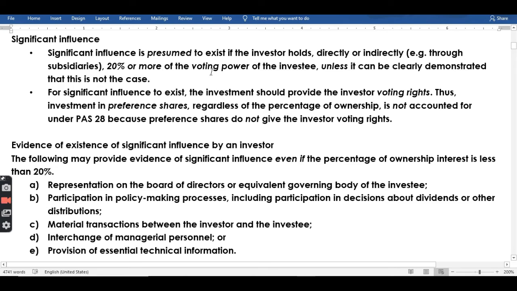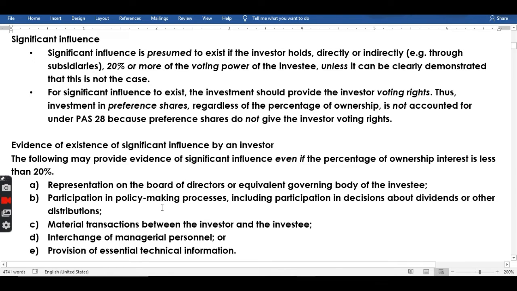So, voting rights or voting power pertains to your actual and your potential. Okay? And also, there are 5 other indicators that can give us an idea kung meron tayong significant influence dyan.